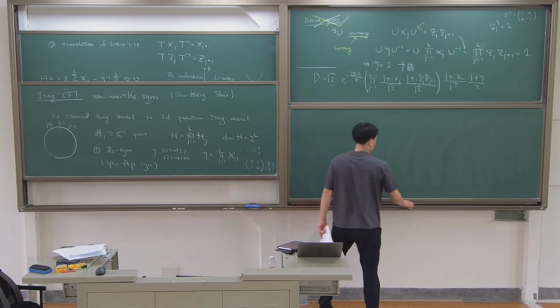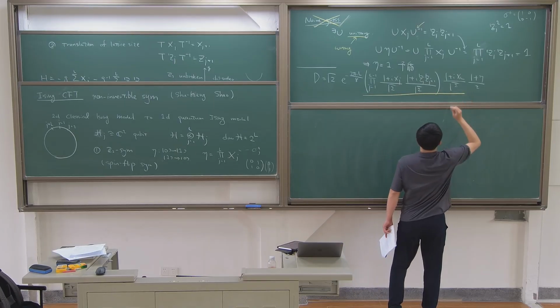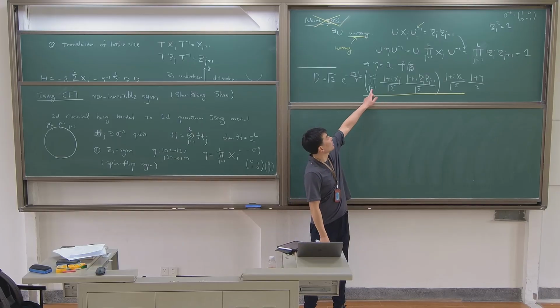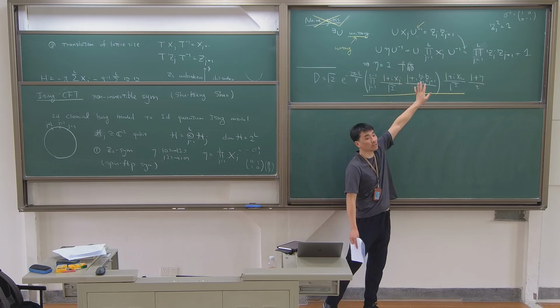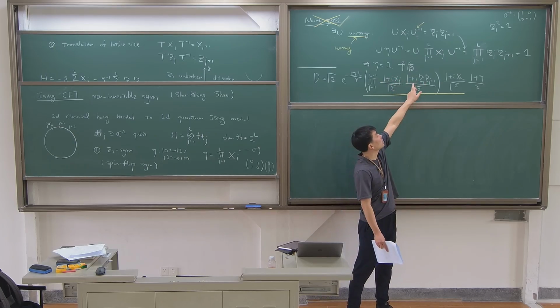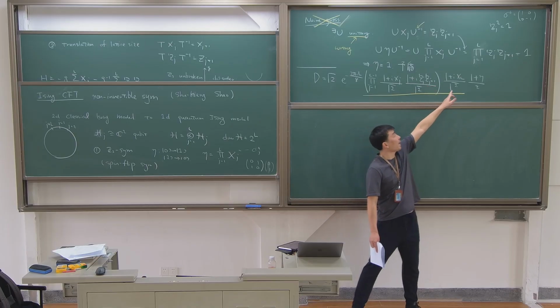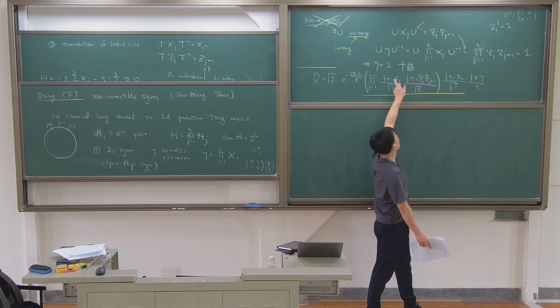So this part is not translation symmetric. Here, from 1 to L minus 1, you have this piece, in addition to (1 plus i X) times (1 plus i ZZ). But at the L side, we don't have this piece. At the L side, you only have this piece.